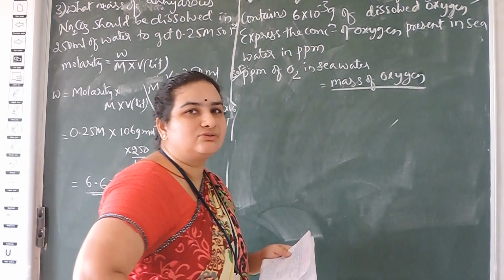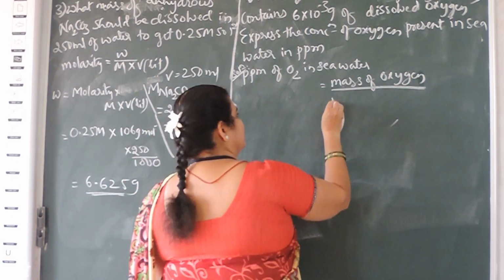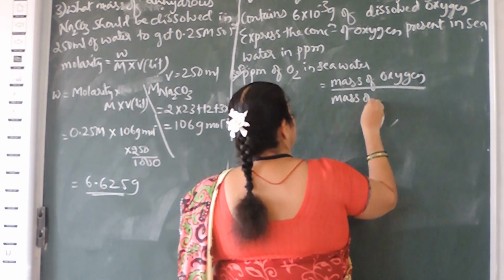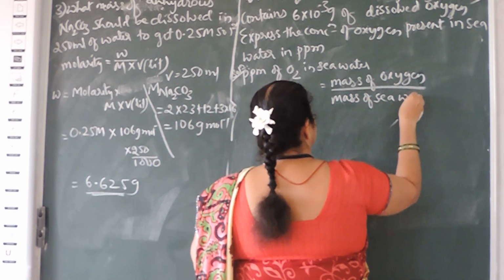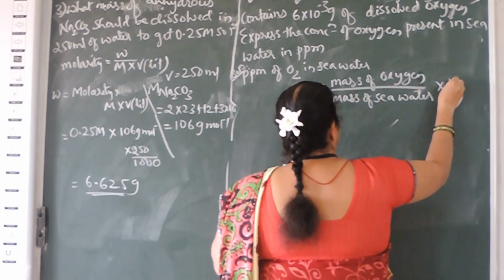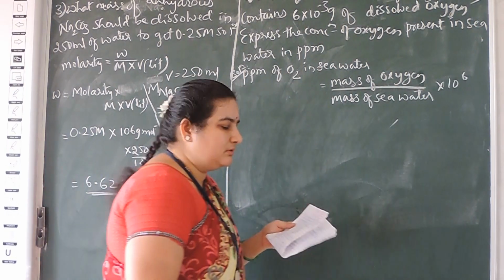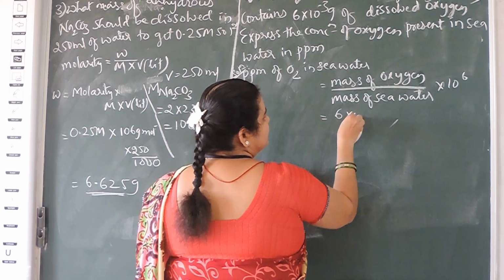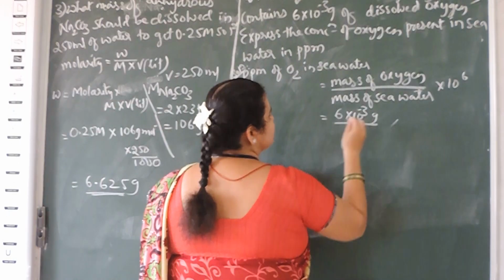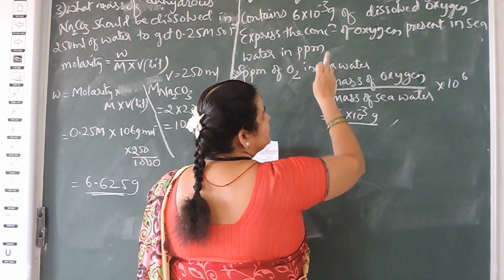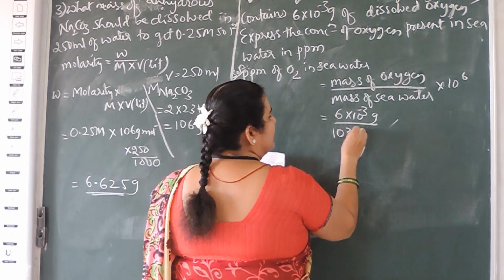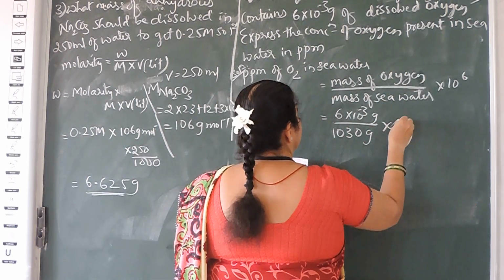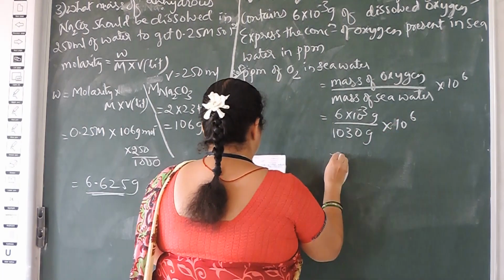For ppm, what you have to do? It should be multiplied by 10 raised to 6. Now, so here mass of oxygen is given as 6 into 10 raised to minus 3 grams divided by mass of seawater, taken as 1030 grams, into 10 raised to 6.